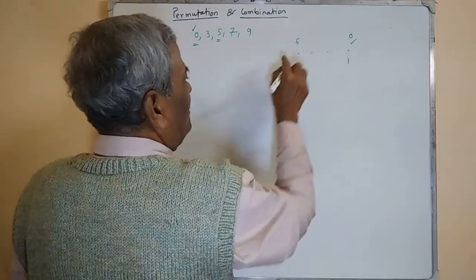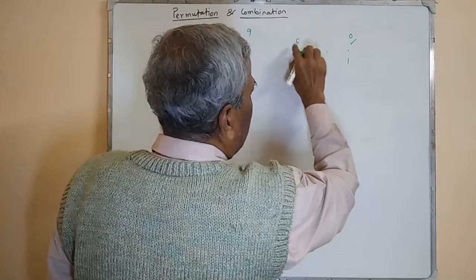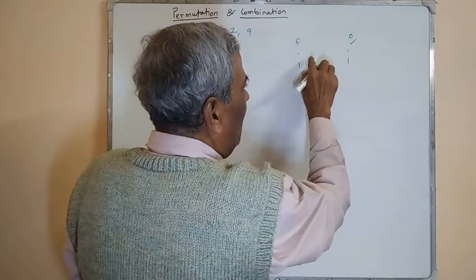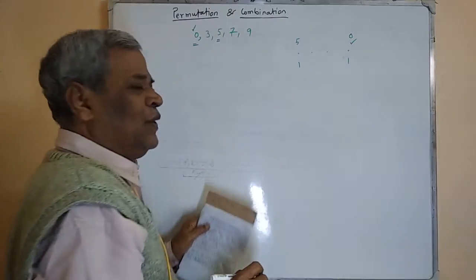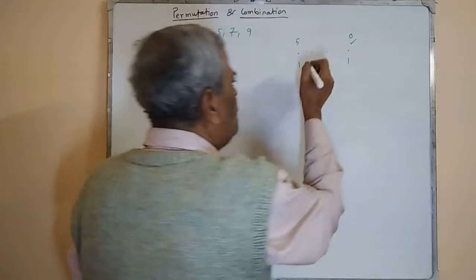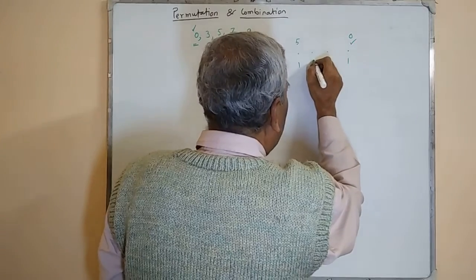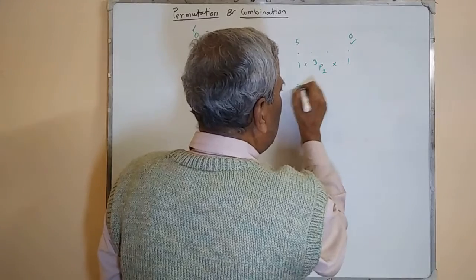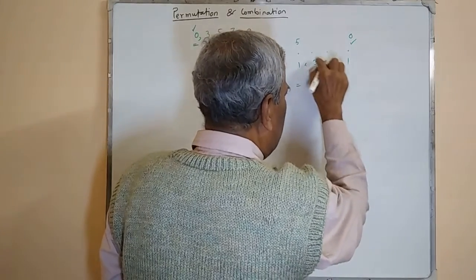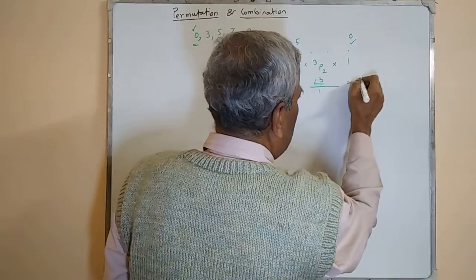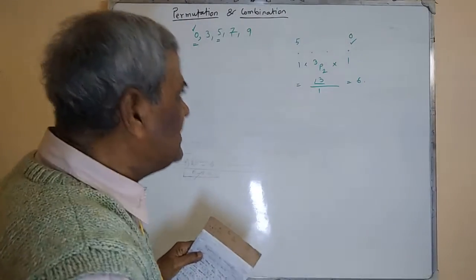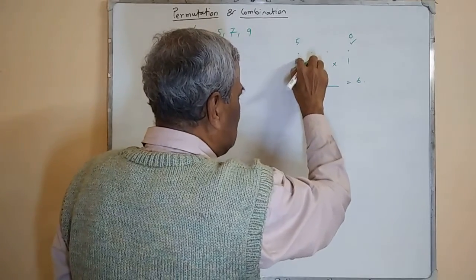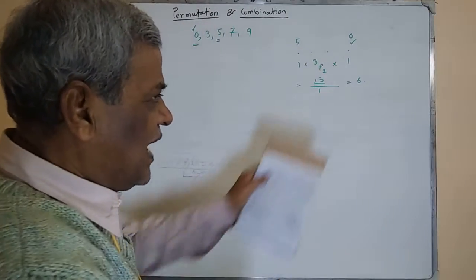After filling the thousand position and unit position, two are engaged. So 3 digits are still left and two positions are there without any restriction. These two positions can be filled up by choosing 2 out of 3, so factorial 3 by factorial 1, that is 6 ways. So in this case, where I place 5 in the thousand position, our answer is 6.